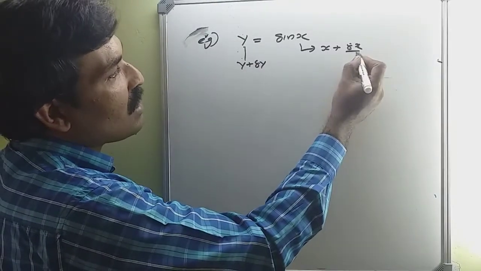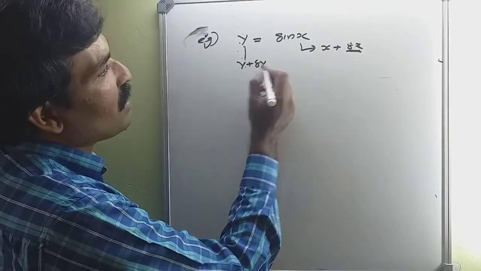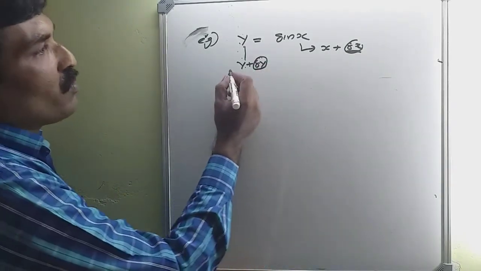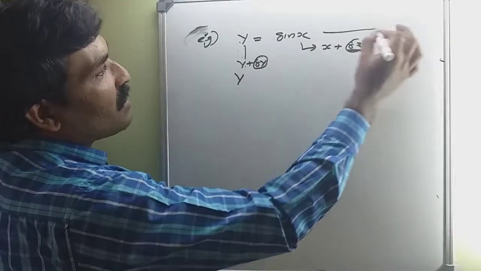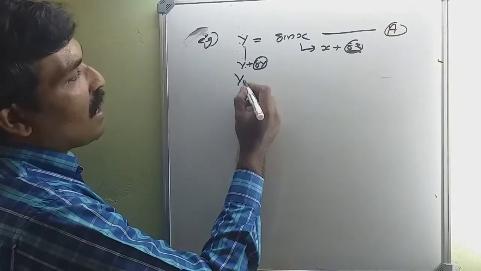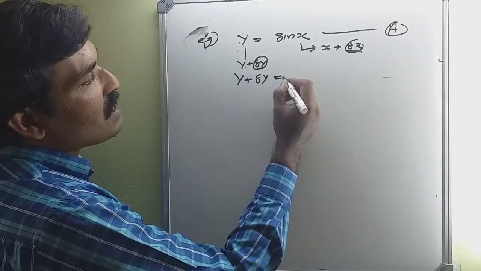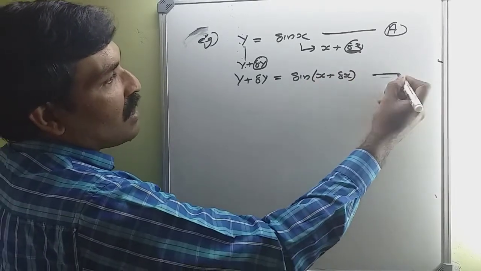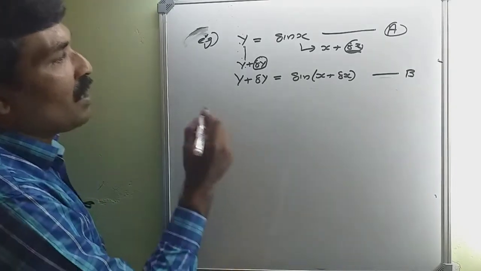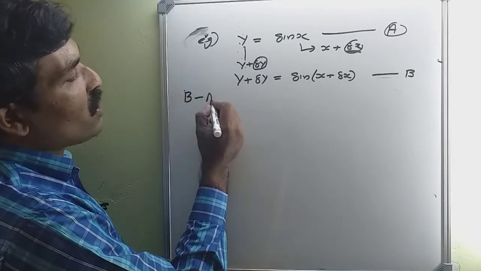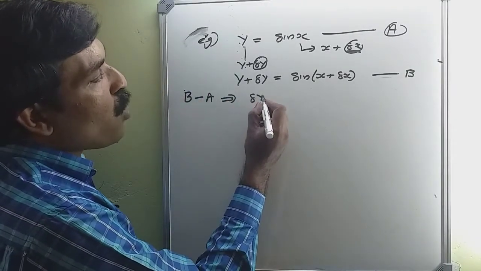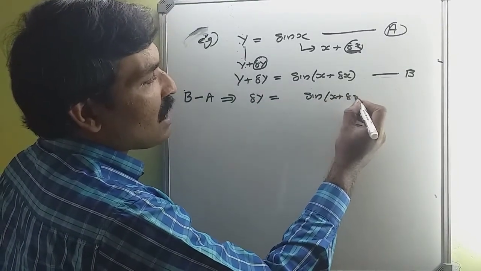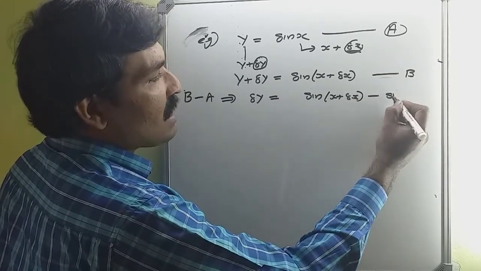So we can write y equals sin x, like equation number A, and y plus del y is equal to sin of x plus del x. Let it be equation number B. Now B minus A implies del y is equal to sin of x plus del x minus sin x.